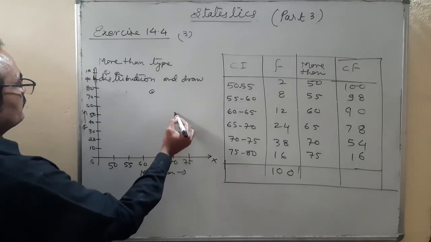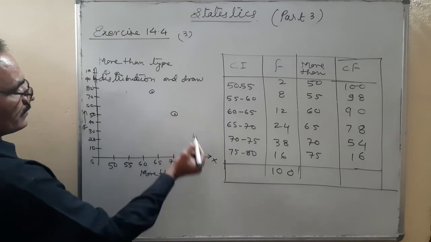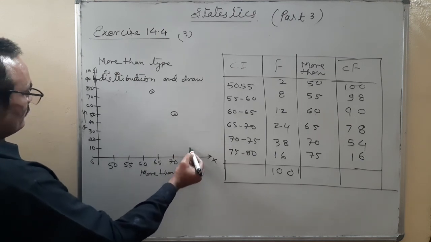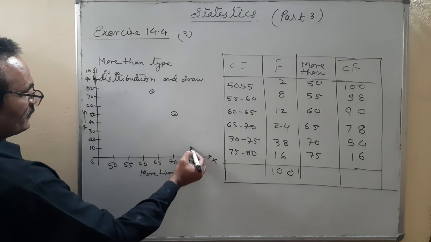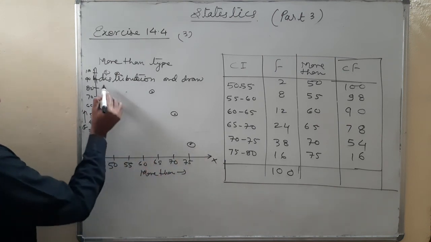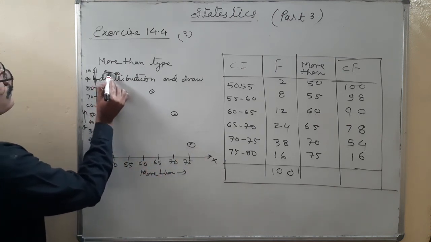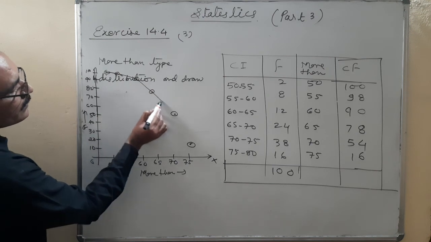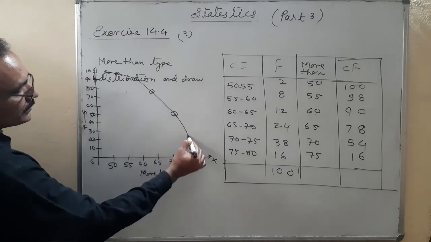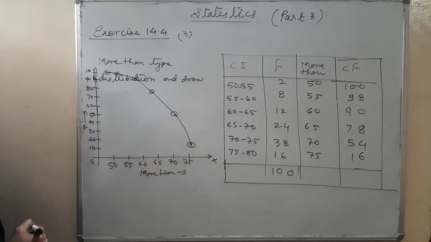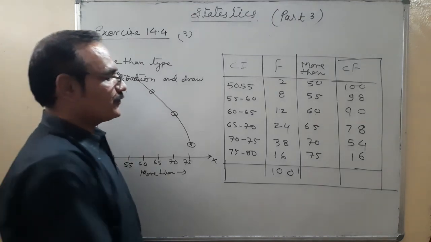At 75, 16. Okay, by freehand you can join it. If you want to find out the median, what should be done?